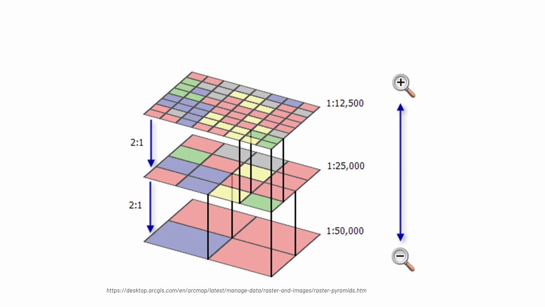It's important to note, regardless of whether you build pyramids or not, when you do analysis, it's always doing it on the most detailed data. The reason I suggested you say no at building pyramids is the data set we're using is quite small, so it doesn't take a lot of time to generate, and it just takes time to make these multiple images. So there's no real advantage in this particular example with such a small data set.